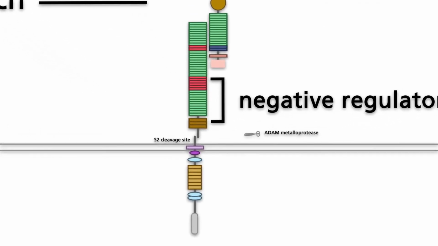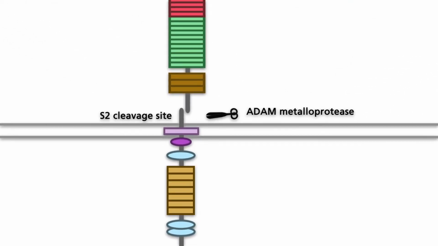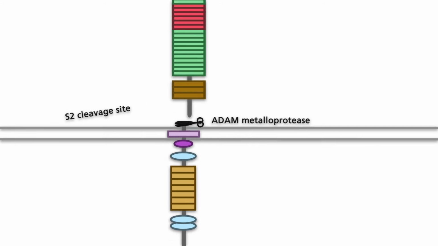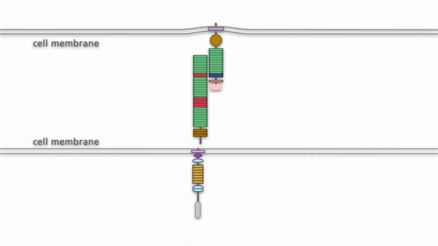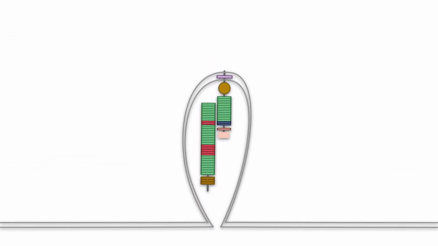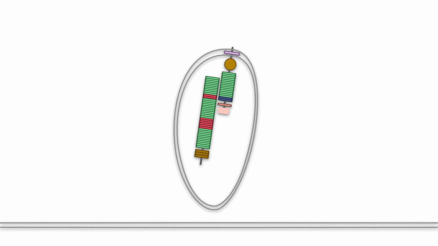The S2 cleavage site becomes accessible for proteases of the ADAM family, which cleave the heterodimerization domain of the Notch transmembrane and intracellular fragment. The complex of Notch ligand and the Notch extracellular fragment are endocytosed by the ligand-expressing cell.